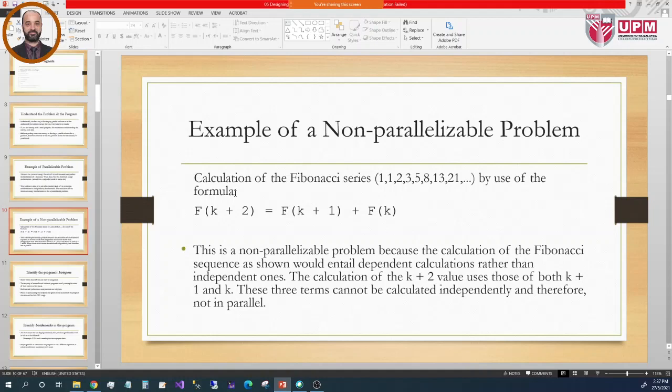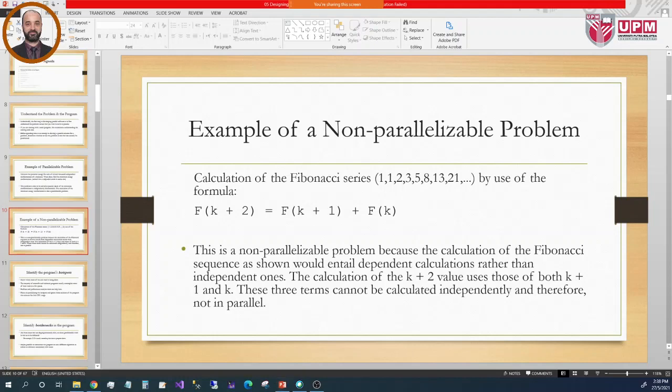Because this problem actually cannot be parallelized. By nature, it's sequential. So in order to calculate the second item, we have to calculate the first item before that. And when we need to calculate the third item of the series, we need to calculate the second and the first before that. Okay?